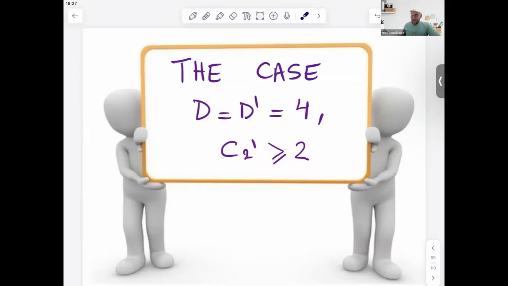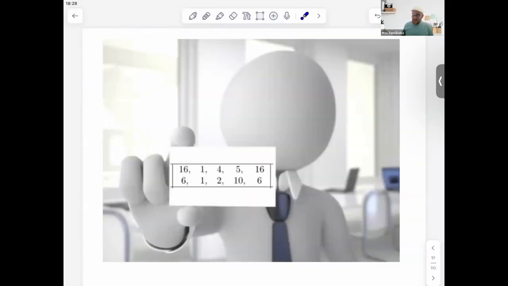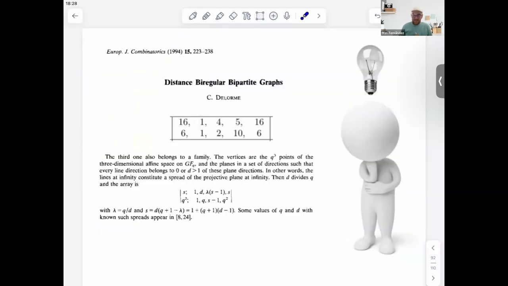And this is the case that we are going to consider now. We do some computations to find the possible intersection arrays for such a graph. The smallest one, this one, is already known. It already exists in the literature, and it is in this paper by Delorme, where distance-biregular graphs were defined or considered for the first time, or one of the papers where it was considered for the first time.